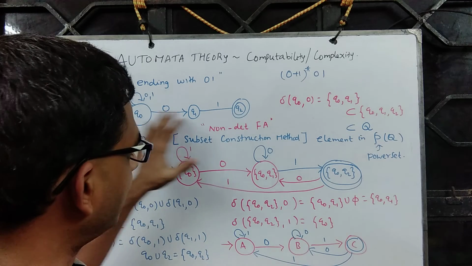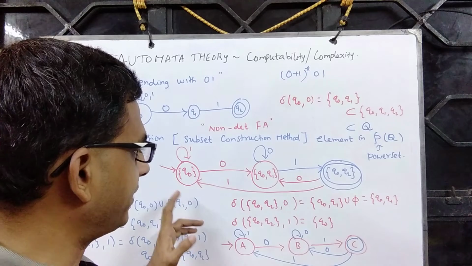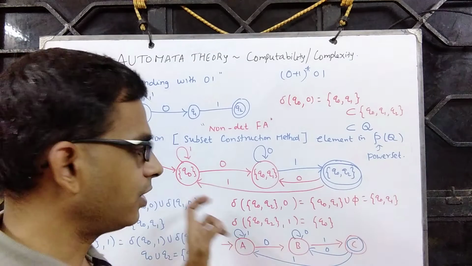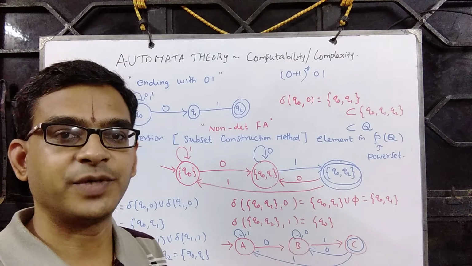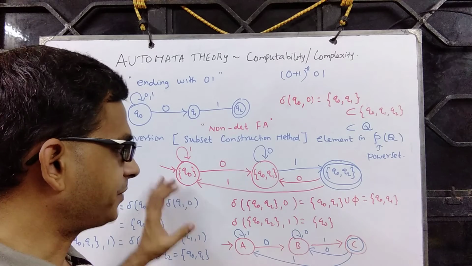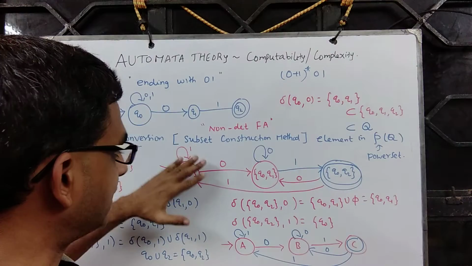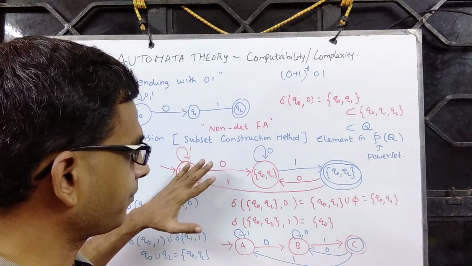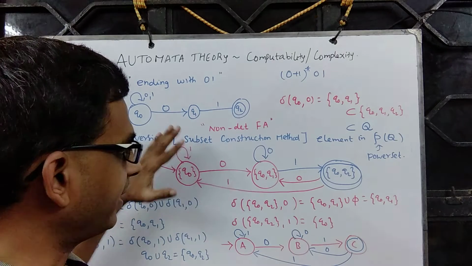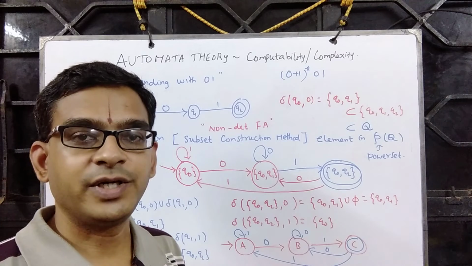And in general, if there are n states, we may generate all 2 power n minus 1 subsets as part of our construction. So the number of states increases by bringing determinism into the context.